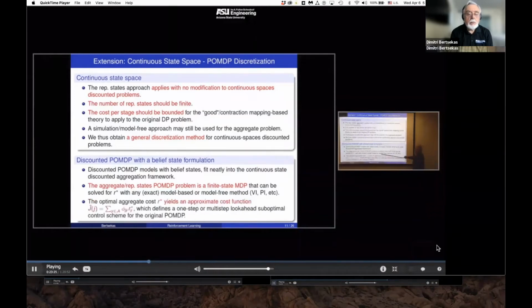And after we solve this discretized POMDP problem for the optimal aggregate R star, then we obtain an interpolated approximate cost function. That's a powerful method, actually, to solve POMDP with relatively few states. It has been addressed in the literature for quite some time, but people don't like it very much. They look at other methods, whereas very often this type of method applies very nicely.